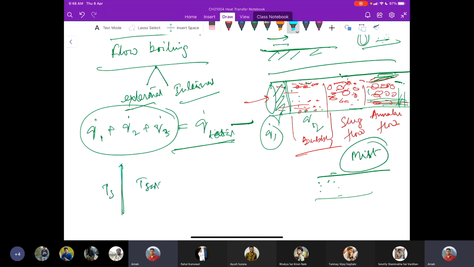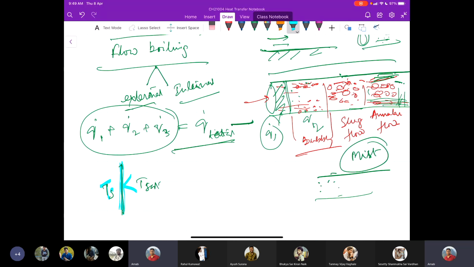So if this is your surface, and the surface temperature is lower than the T saturation, you have the condensation that you would see, and the examples are several. You have seen such condensation.